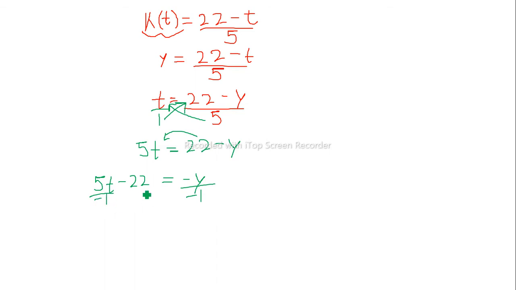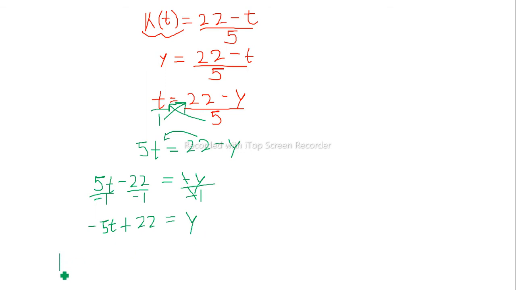What is 5t divided by negative 1? Negative 5t. And a negative divided by a negative is a positive. And what is negative y divided by negative 1? Y.